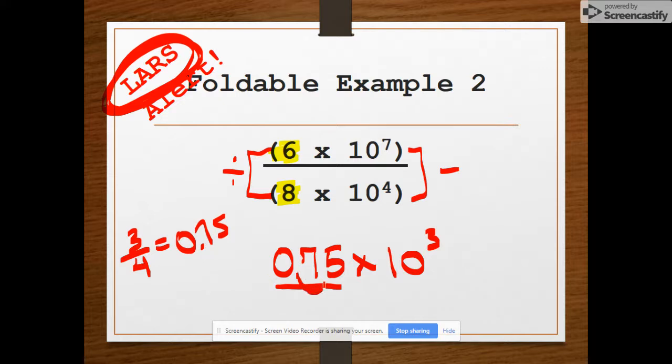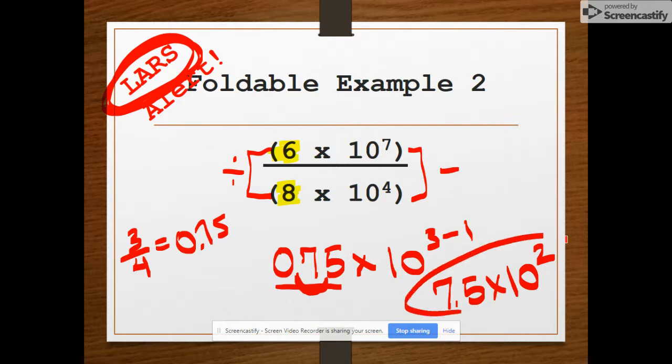So this time I'm going to have to move my decimal to the right 1 place. And again, it's left, add, right, subtract. I moved right 1, therefore I must subtract 1. So I'm going to rewrite my answer as I move my decimal 1 place to the right to get 7.5 times 10 to the second power.